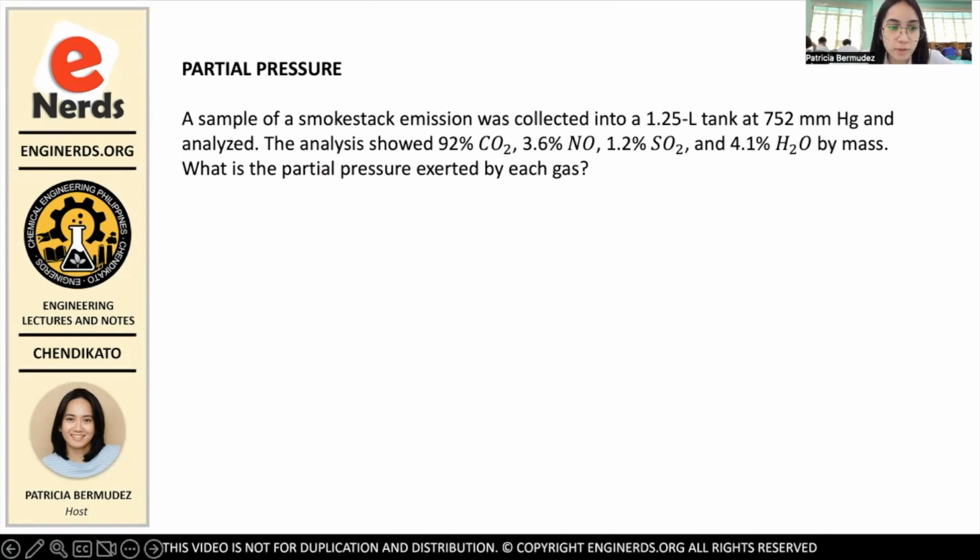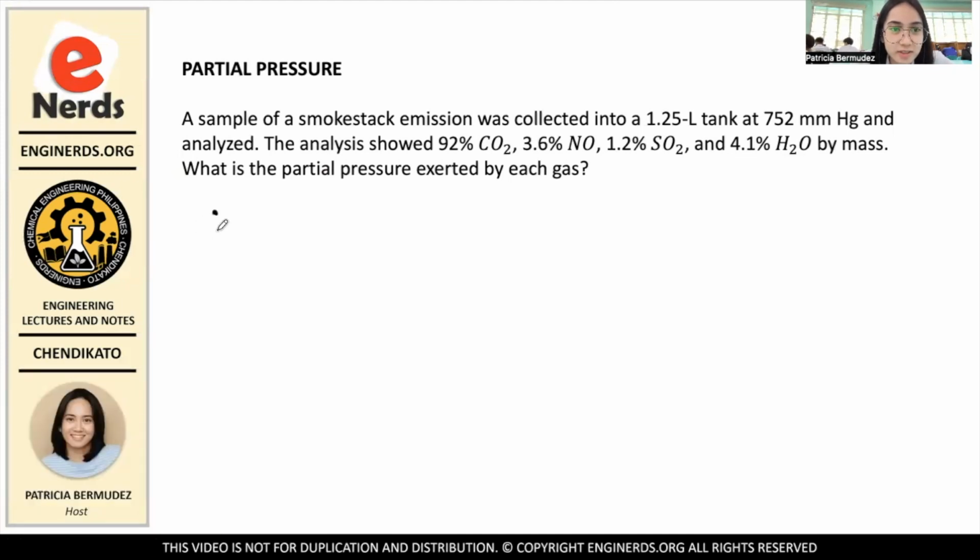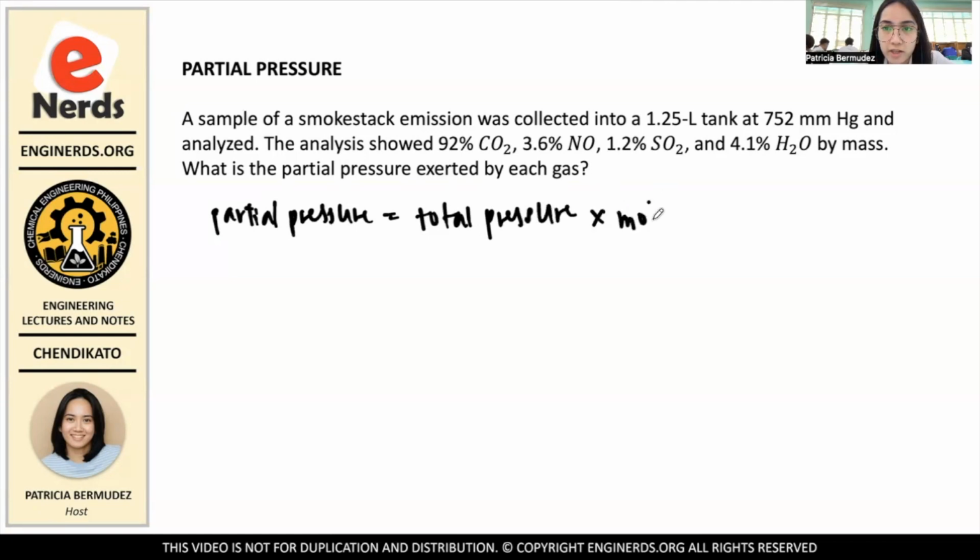So the formula for partial pressure is given by: partial pressure is equal to the total pressure times the mole fraction of each component in the sample.